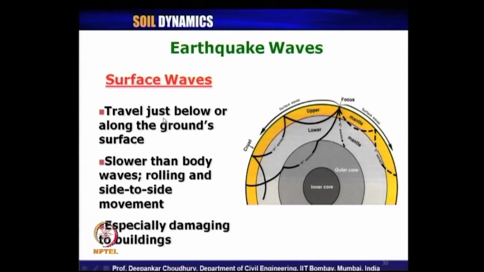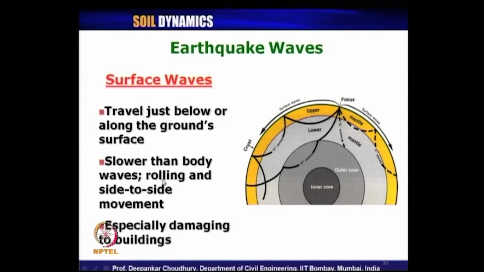They travel just below or along the ground surface. And their velocity is much slower than the body waves, much lower than P wave and S wave.